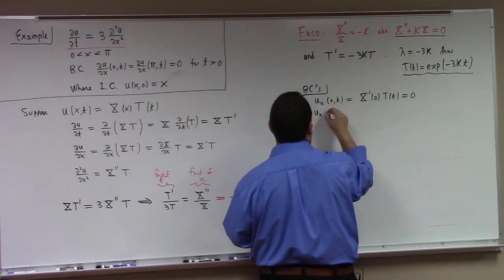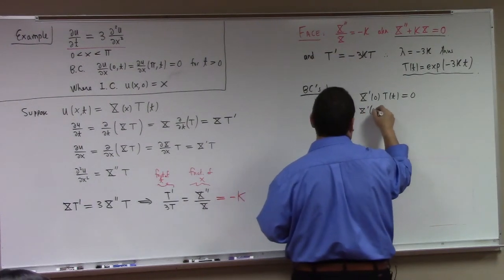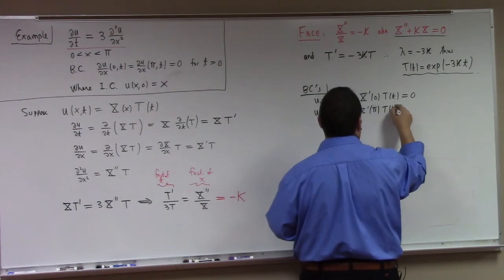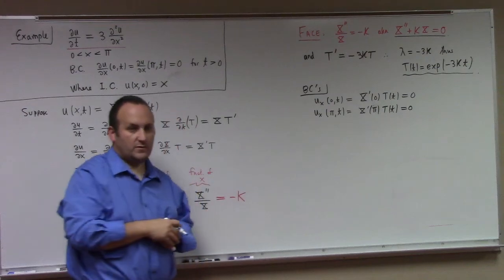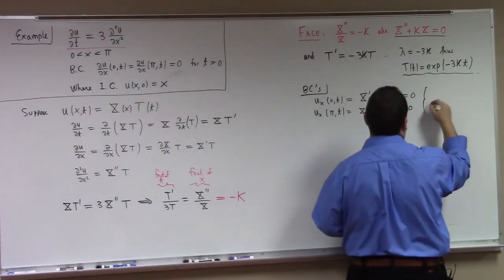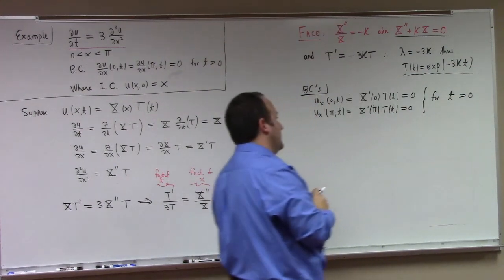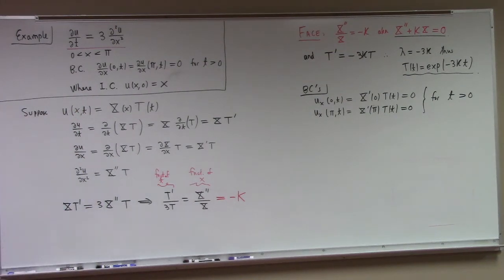And u_x at (pi,t) would be X prime of pi times T of t equals 0, right? But those hold for all t, right? So you see, the boundary conditions given for the temperature function in fact imply corresponding boundary conditions.